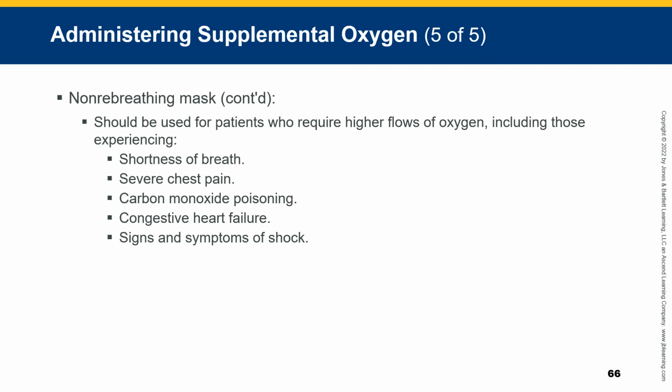To use a non-rebreathing mask, adjust the oxygen flow on the flow meter to 8 to 15 liters per minute to inflate the reservoir bag before putting it on the patient. Adjust the straps to secure a snug fit, and adjust the liter flow to keep the bag at least partially inflated while the patient inhales. The bag should never be fully extended like a balloon, for instance.